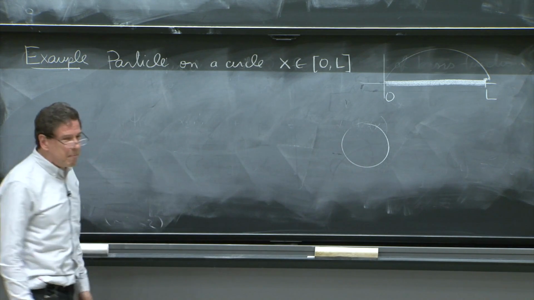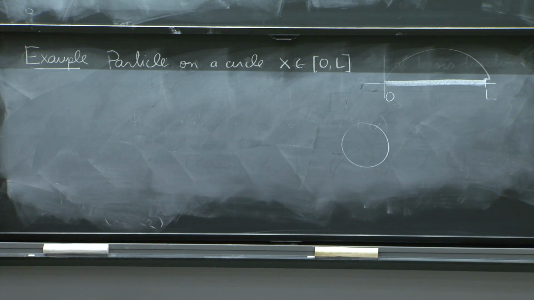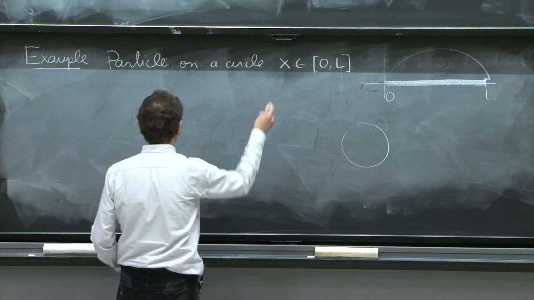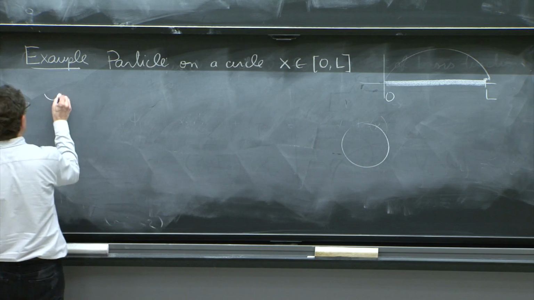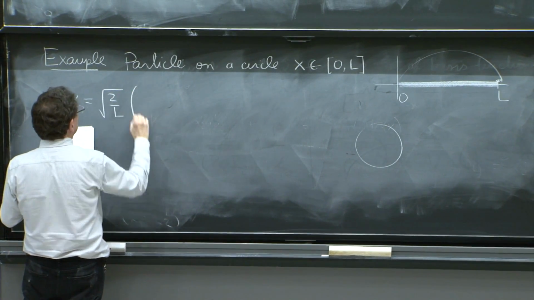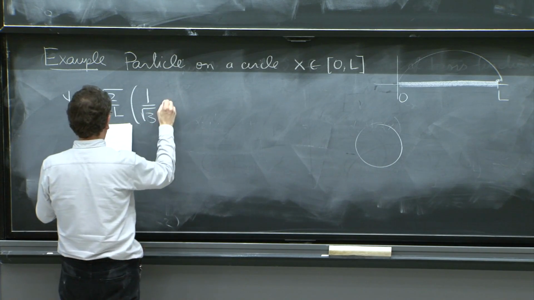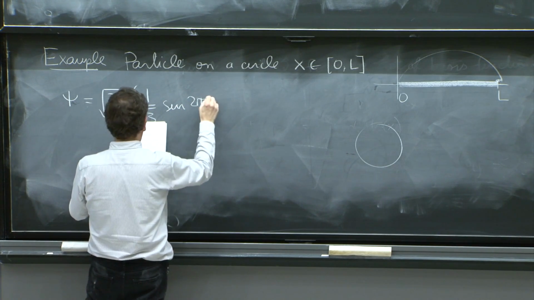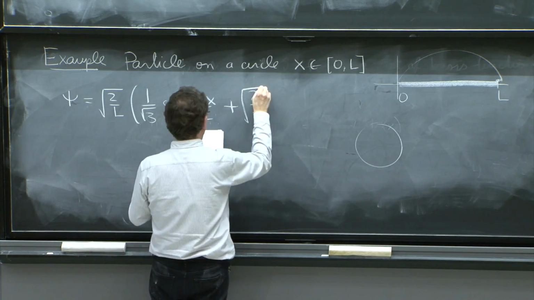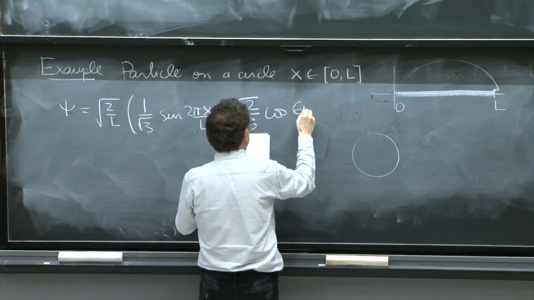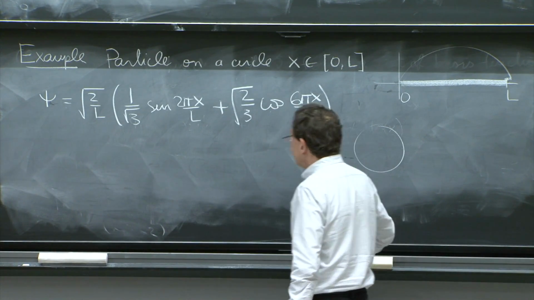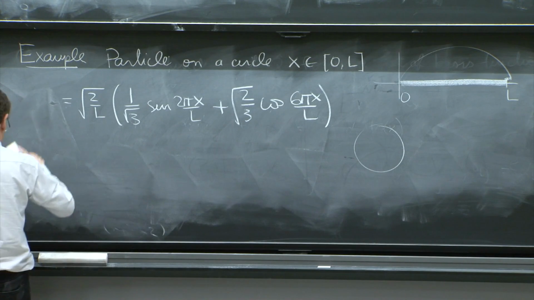Let's consider a free particle on a circle, and suppose the circle has length L, so x belongs here, and here is the wave function: psi equals 2 over L, 1 over square root of 3 sine of 2 pi x over L, plus 2 over square root of 3 cosine 6 pi x over L. This is the wave function of your particle on a circle.